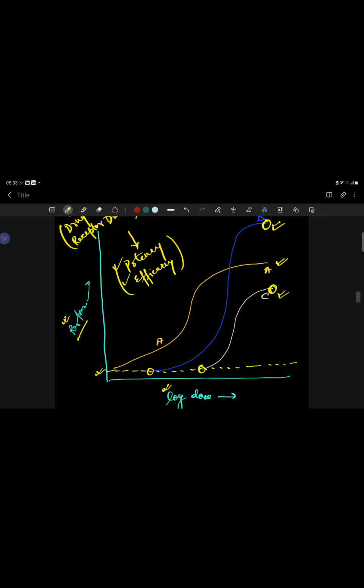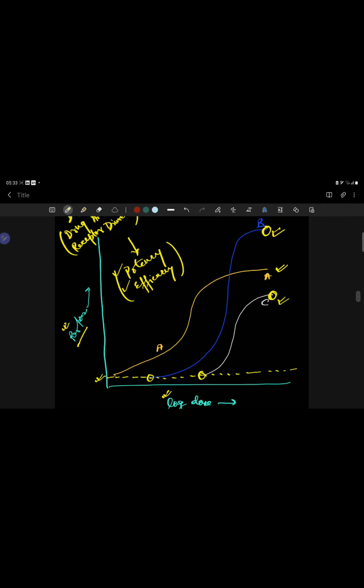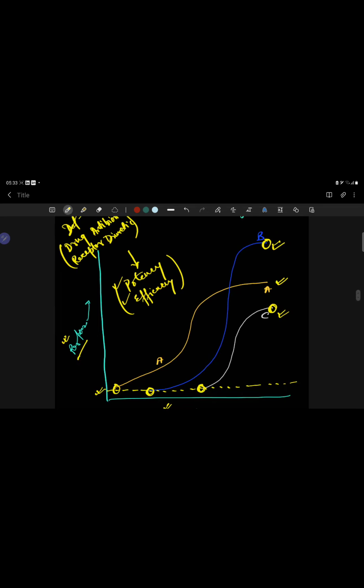You can see over here that at the same concentration of A, B and C, what will happen? We are getting a similar type of response, right?